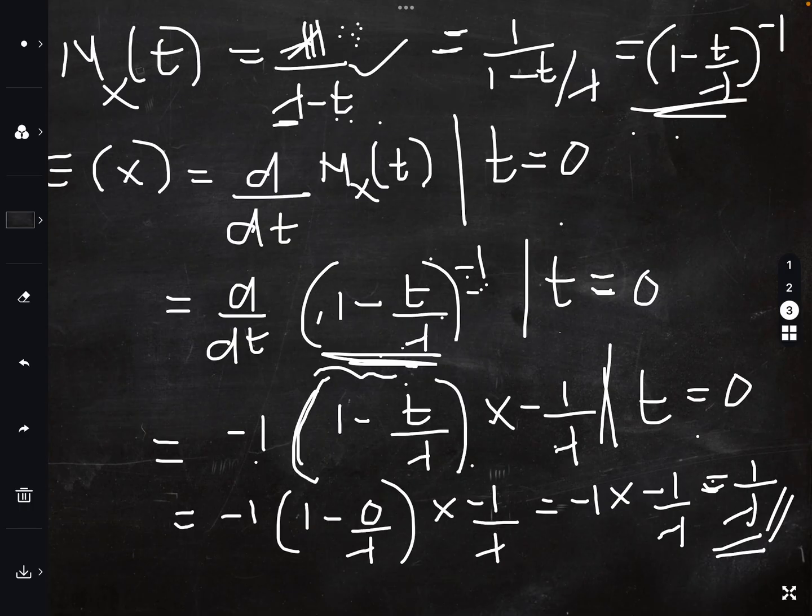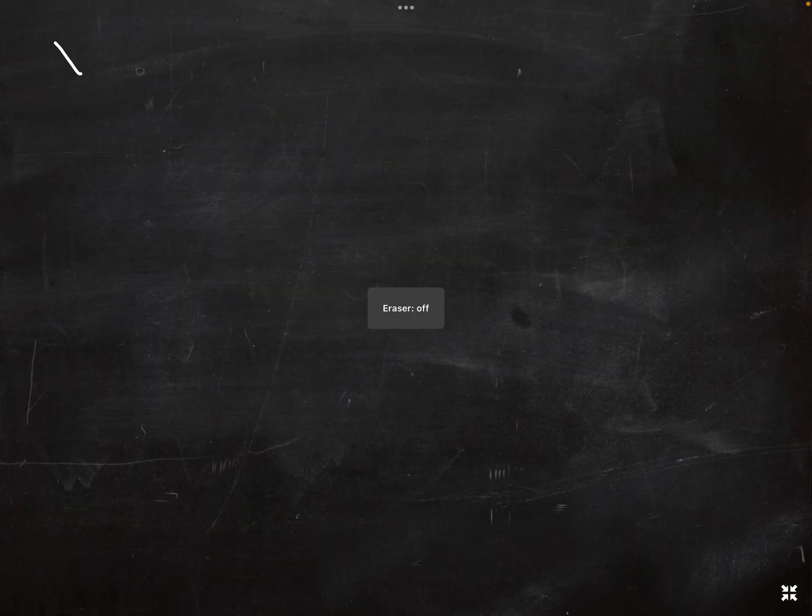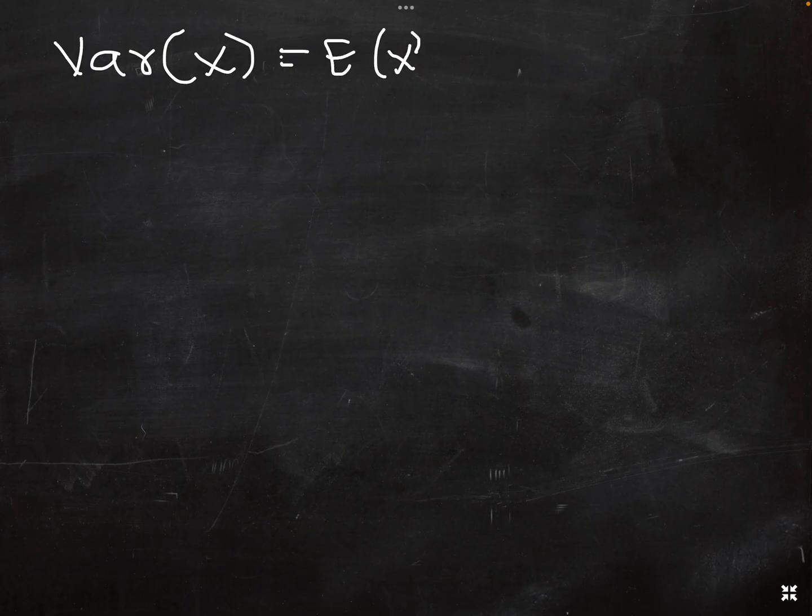d by dt of Mx of t is equal to minus 1 into this. Okay, let us find it once more. Yes, we have to find the variance of X. The variance of X is equal to the expectation of X square minus the expectation of X the whole square.